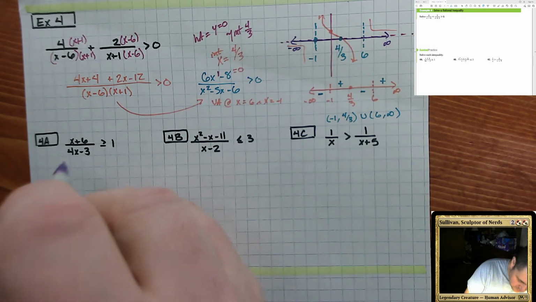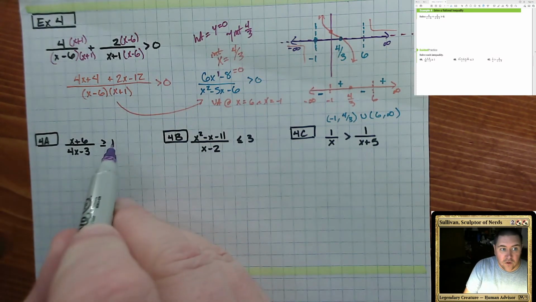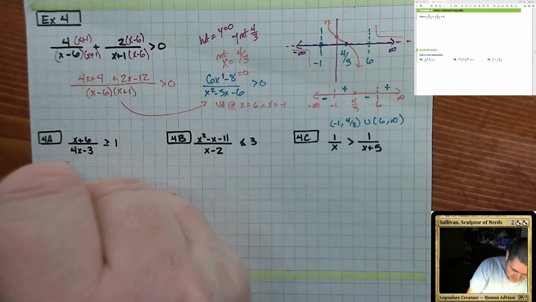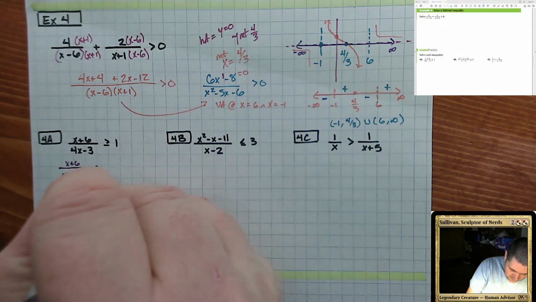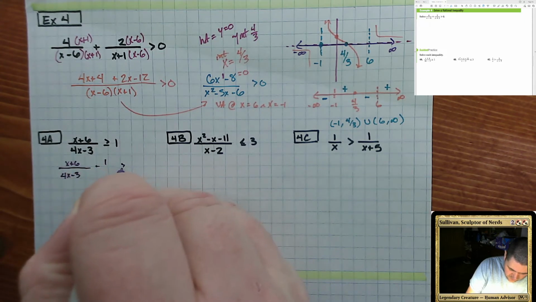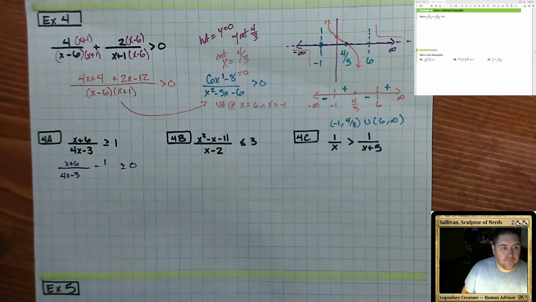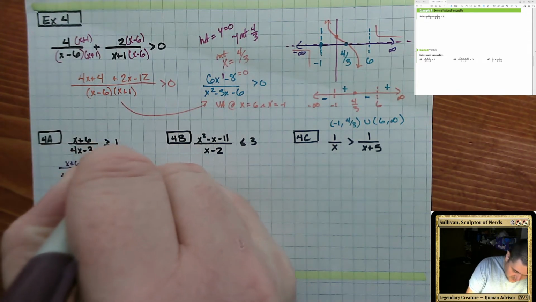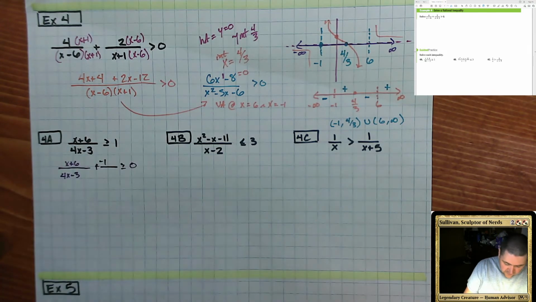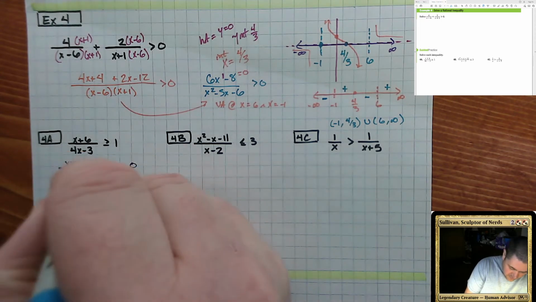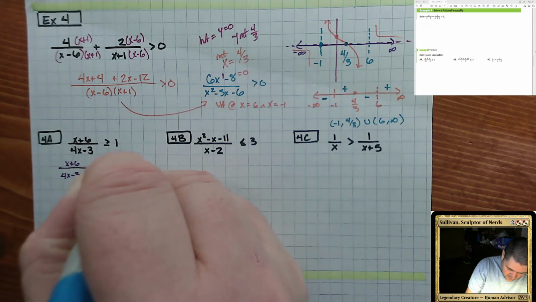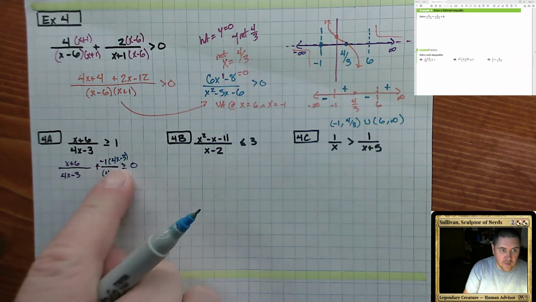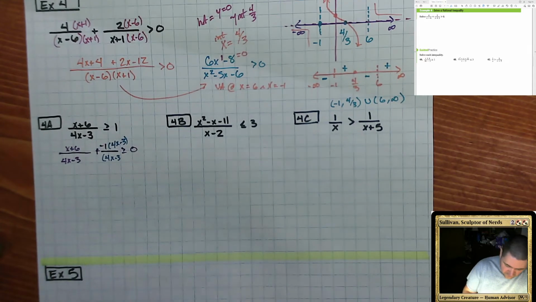Alright. I'm going to move that 1 over, to get (x plus 6) over (4x minus 3), minus 1, greater than or equal to 0. I'm going to need to turn that into plus a -1 over some denominator. That denominator is going to have to be 4x minus 3 so that I have common denominators and I can combine stuff.